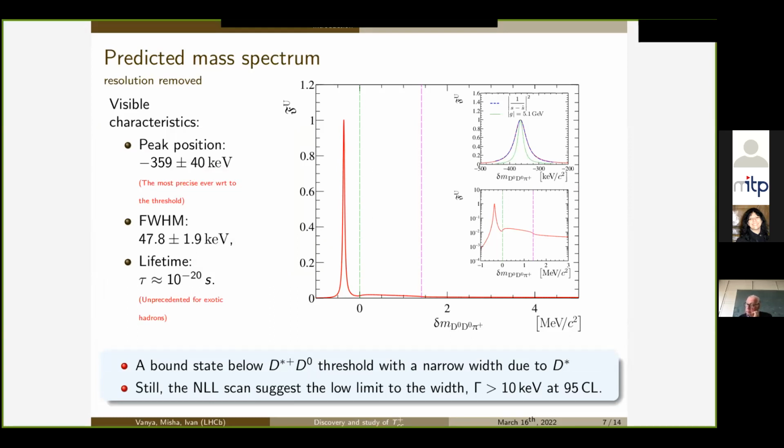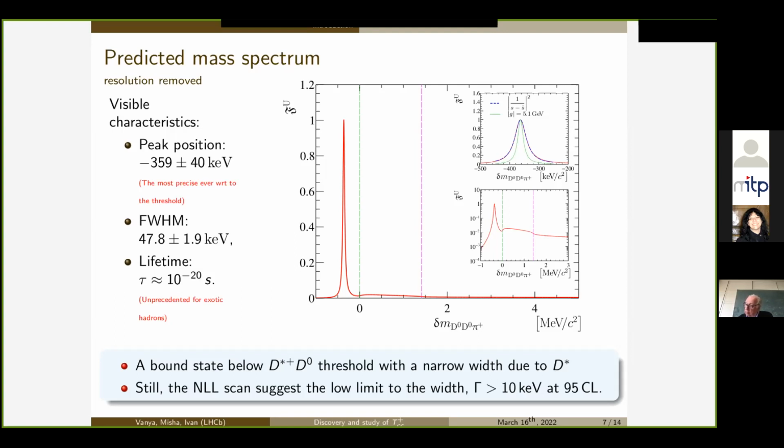It's roughly half of the D star width. However, when you get closer to the first D0 D star plus threshold, the shape becomes clearly asymmetric, and you see this in the inset and in the plot.